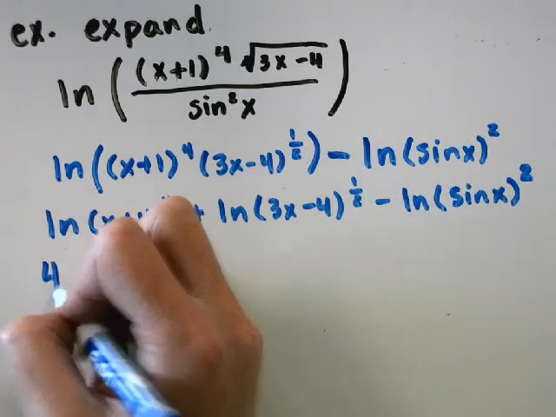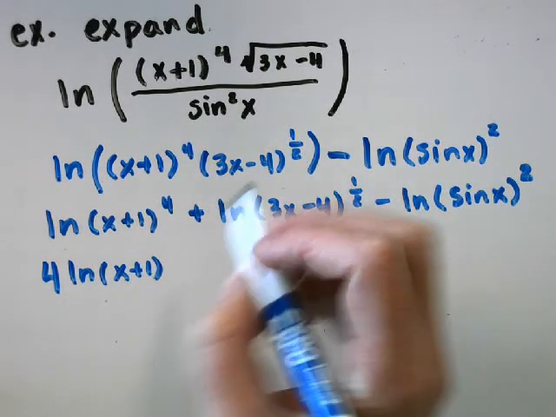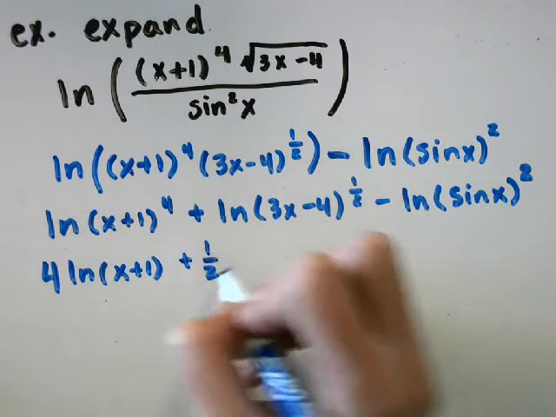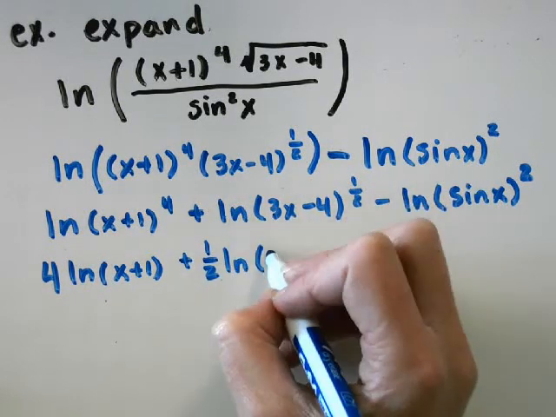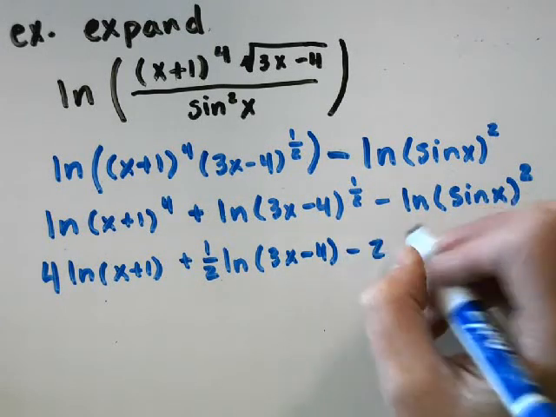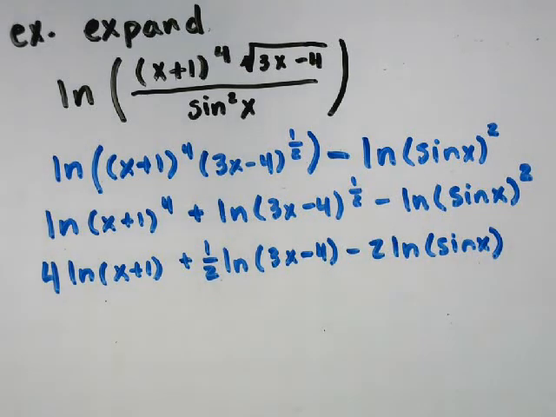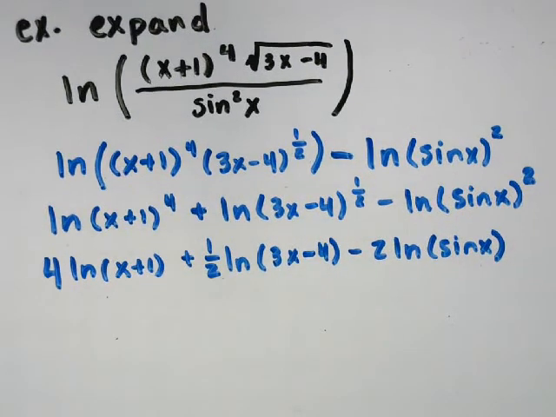So this is now going to be 4 natural log x plus 1 plus 1/2 natural log 3x minus 4 minus 2 natural log sine x. And that is considered expanded.